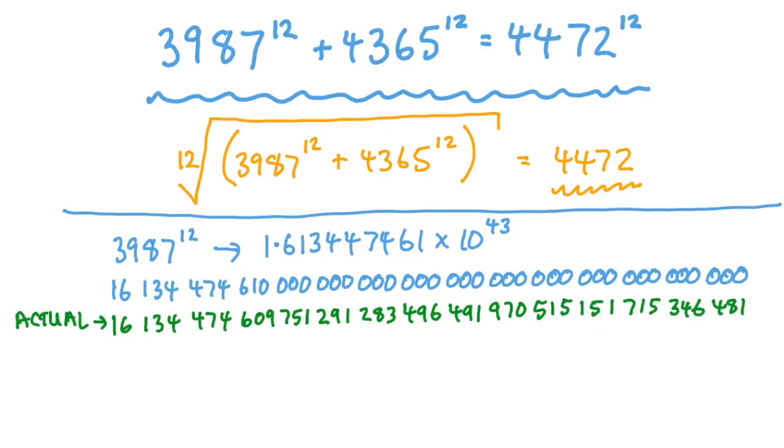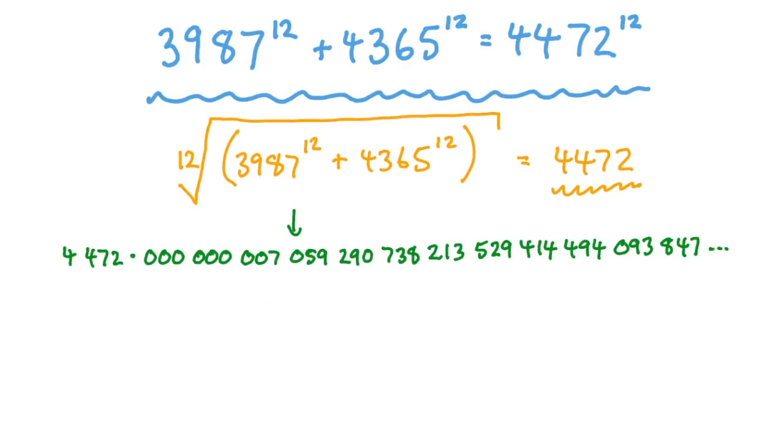Now the actual answer is this, and you can see that there's quite a difference in terms of these digits. And the accurate result for the 12th root of 3,987 to the power of 12 plus 4,365 to the power of 12 is this. But because our calculator only holds 10 significant figures, it thought the answer was this, which is 4,472.